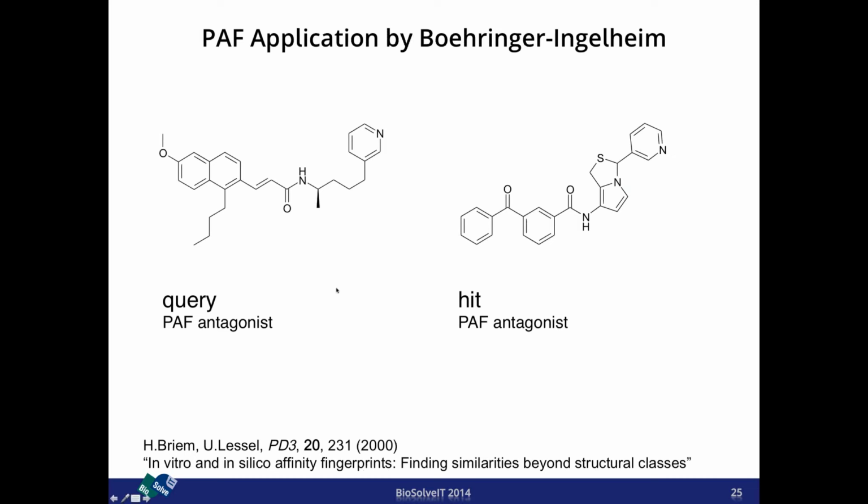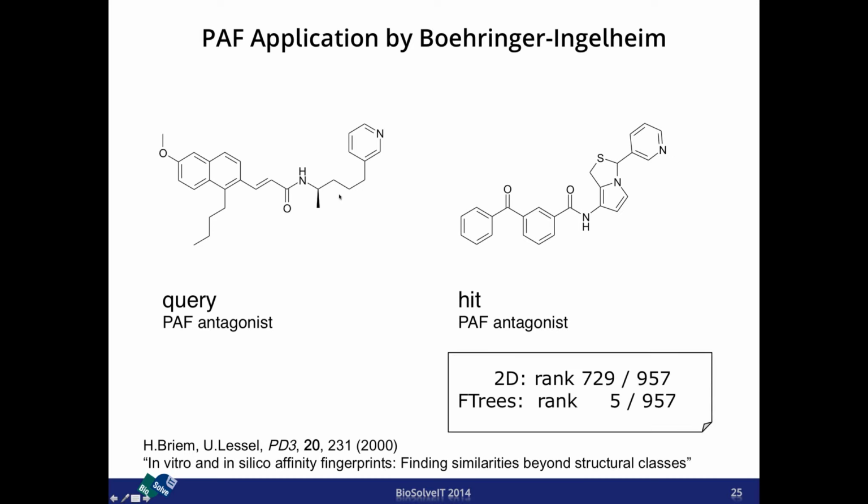So a bit more to get you a feeling. Query for a pathway antagonist here, and that's a paper by Bream and Lessel. If you look at these two molecules, they look pretty dissimilar. Actually, the 2D descriptors cannot fish this hit out from 1,000 compounds. It only fishes it out at rank 729 from roughly 1,000. In feature trees, given the fuzziness of the descriptor, feature trees pick those up at rank number 5, so relatively early.